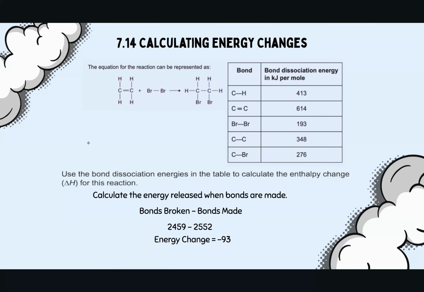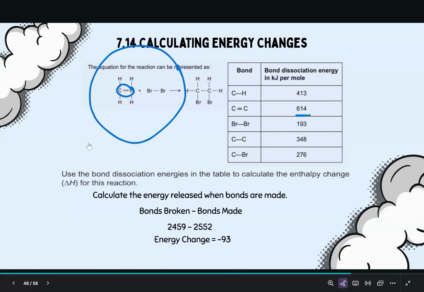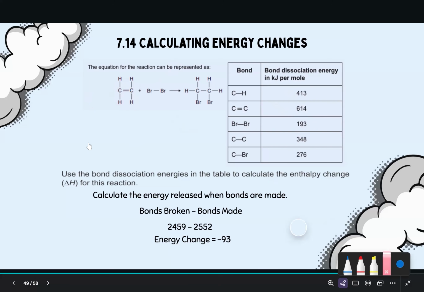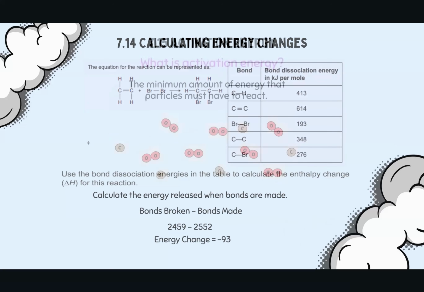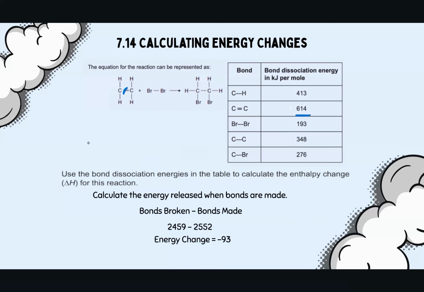So this is what you do. Let's work out this side first. So we've got one carbon-carbon double bond. That's 614. So if you break a double bond, how much energy is released? Or how much energy would it take? 614.